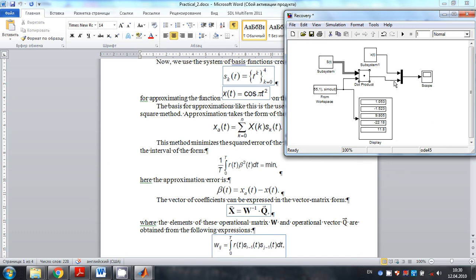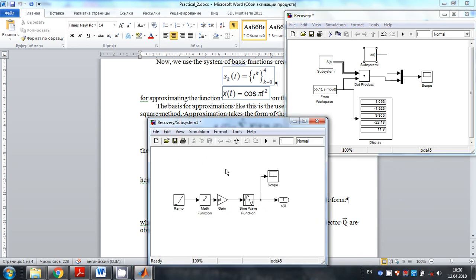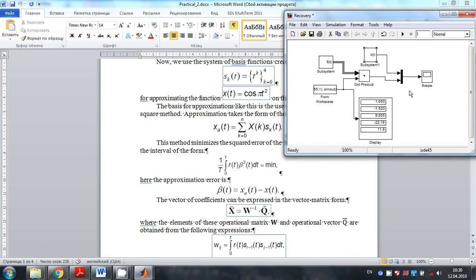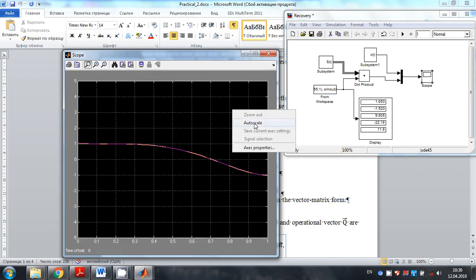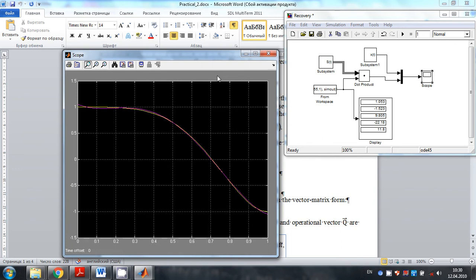To compare the recovered signal x sub a with the actual signal, again we introduce this subsystem which represents the actual signal. Now we run the simulation and take a look at the scope. We auto-scale it a little bit, and we see that this yellow line represents the actual signal.